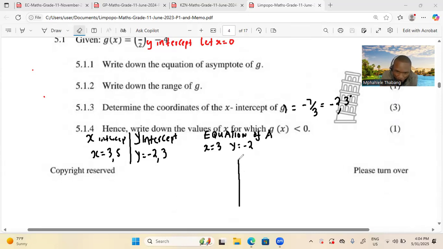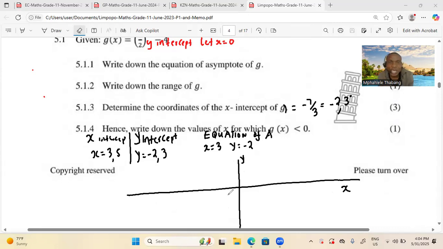We draw the y-axis. We draw the x-axis. Let us show the asymptotes first. The asymptote of x is 3. You show the asymptote with a dotted vertical line which cuts the x-axis at 3.